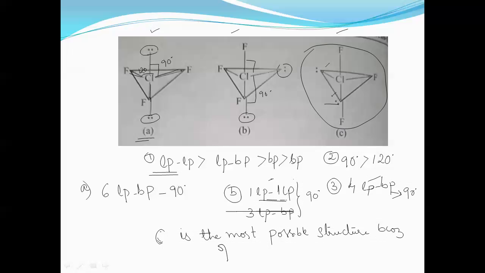Based on these two factors, that is the repulsions in between the lone pairs and bond pairs, and the angles at which they are placed, we can decide which is the most stable structure. And according to this, the C structure has fewer repulsions when compared to the other two structures. Therefore, C is the most stable structure, which is the possible structure for ClF3.